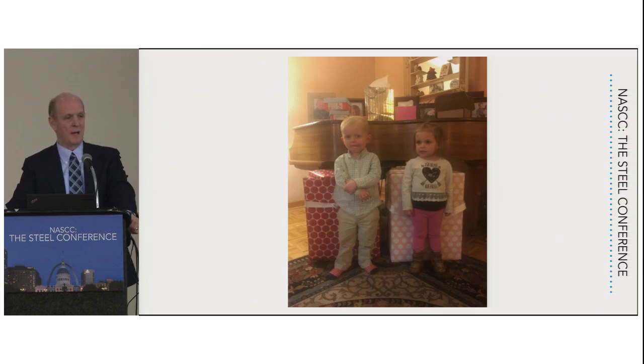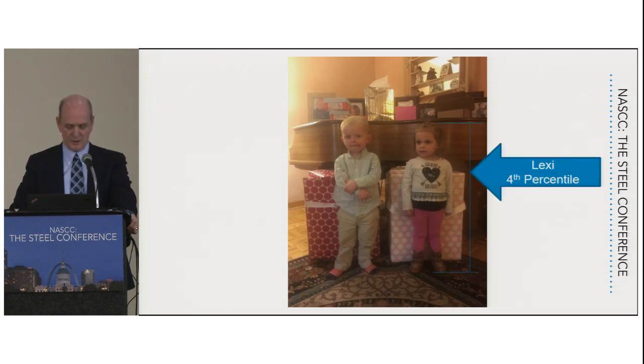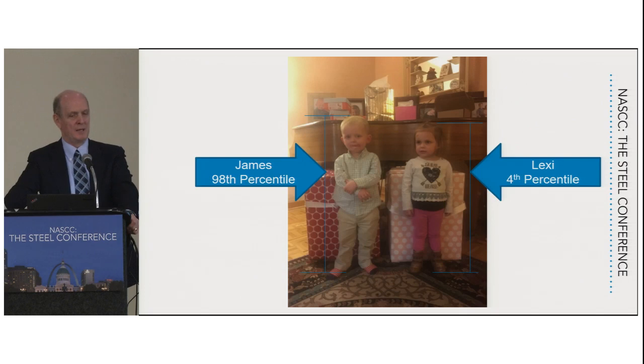In the 10th percentile, if you go out in the community, if you put 100 children that same age in a room, 10% would be shorter and about 90% would be taller. I want to give you the percentage here of Lexi. Lexi is the 4th percentile on her height. And James is the 98th percentile.